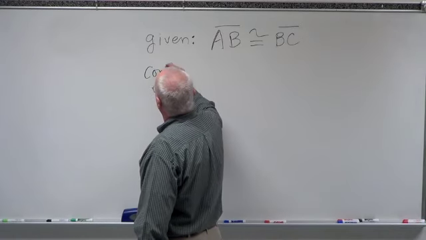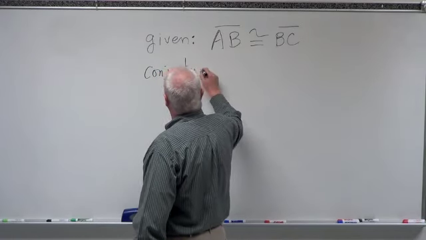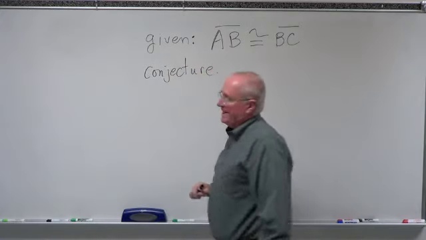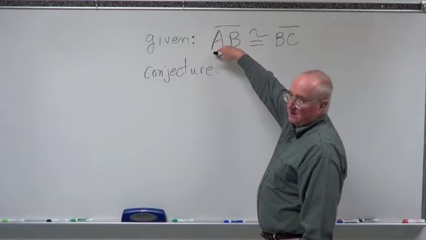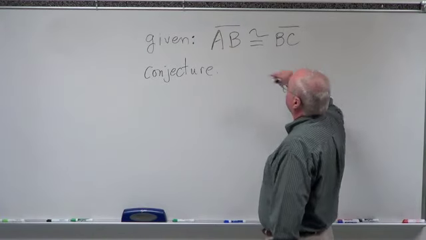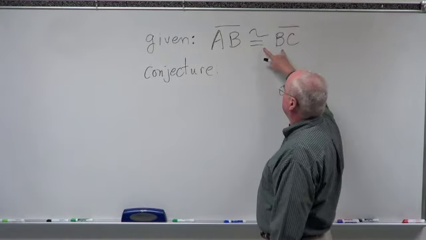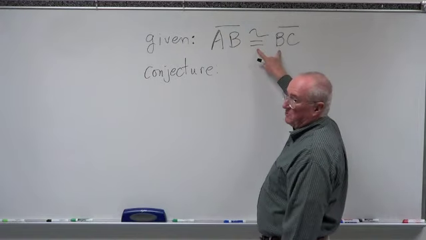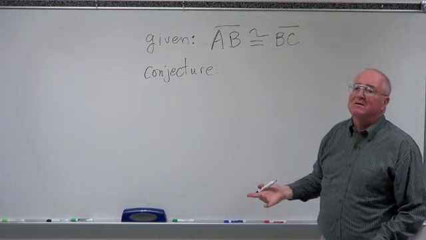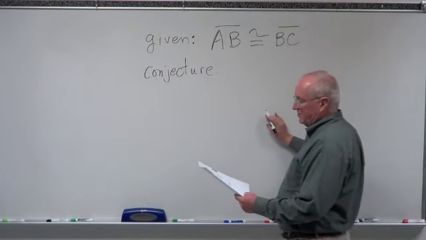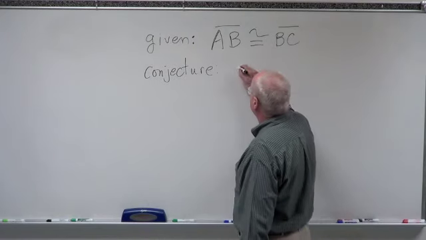We're going to come up with a conjecture, or based upon that an educated guess. If you were to see this right here, segment AB is congruent to segment BC. Well, this is one picture, so the point B has to be the same, right? You might come up with a conjecture that says this.